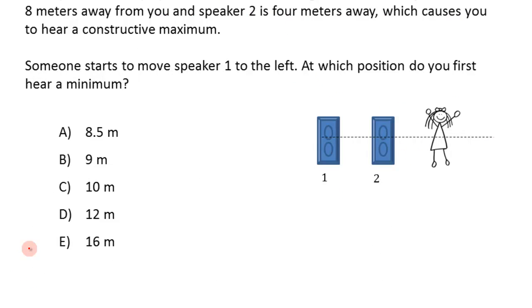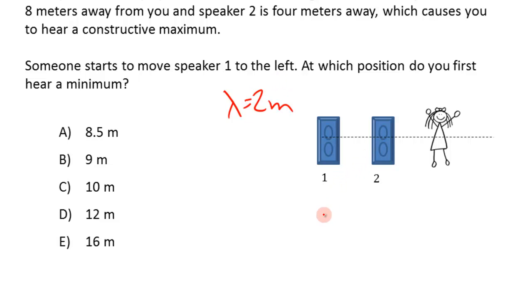All right, so the next question we want to look at is a destructive interference or constructive interference question. We've got two speakers separated by some distance. Both speakers have a wavelength of 2 meters.